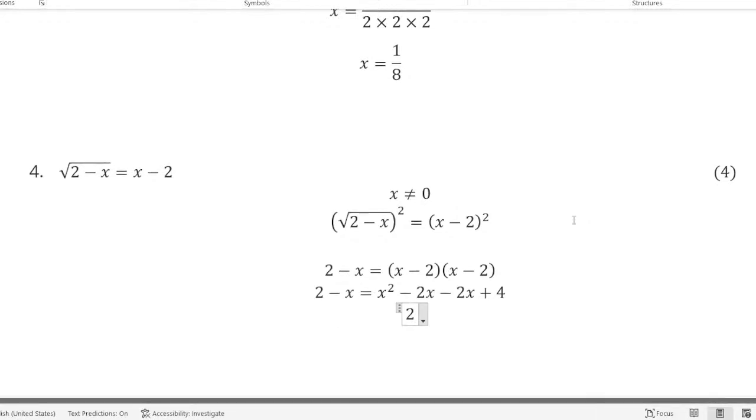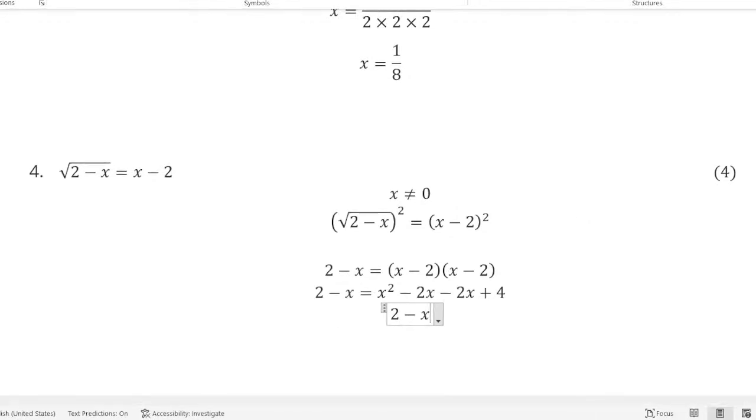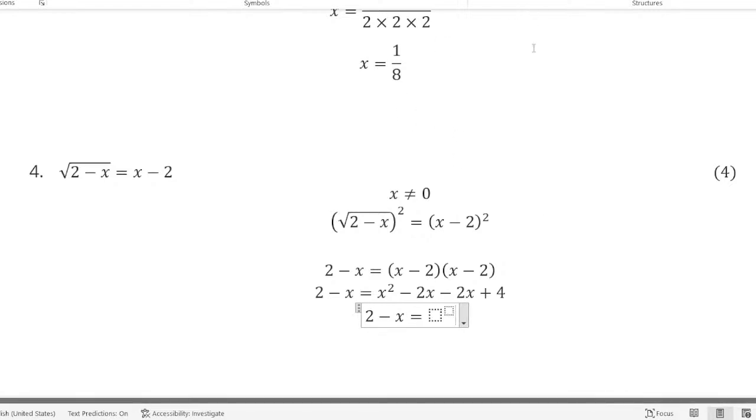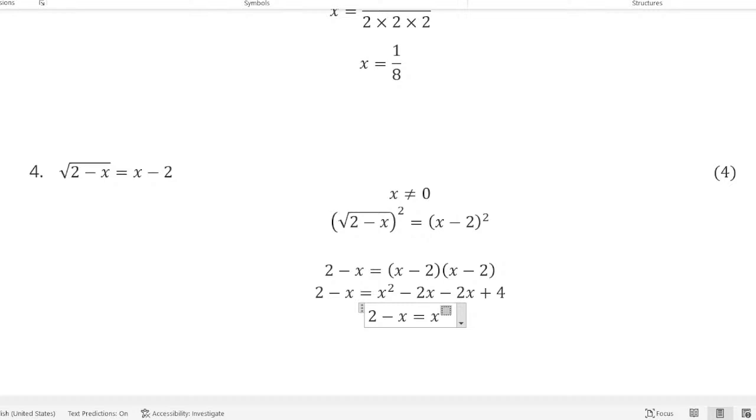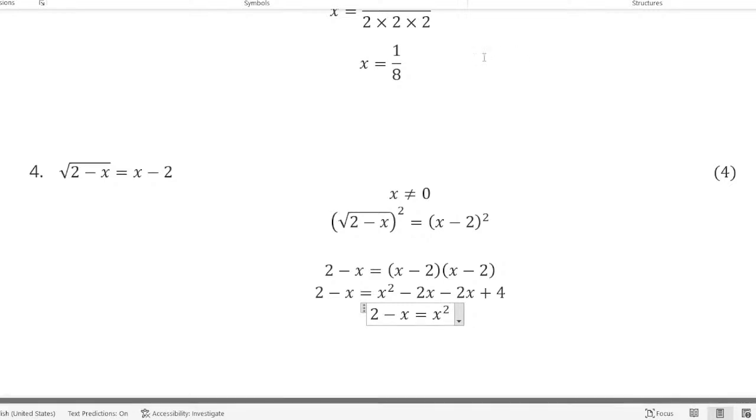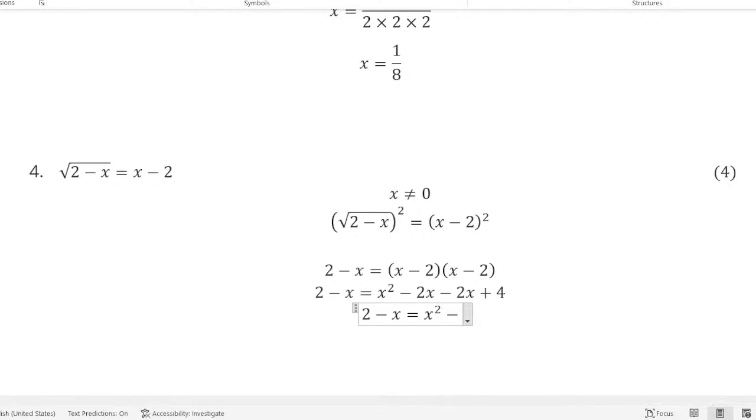So 2 minus x is equal to x squared, right? Here we have negative 2x minus 2x. These are like terms, remember? So we'll have minus 4x, right? Then we're left with a constant, which in this case is plus 4.